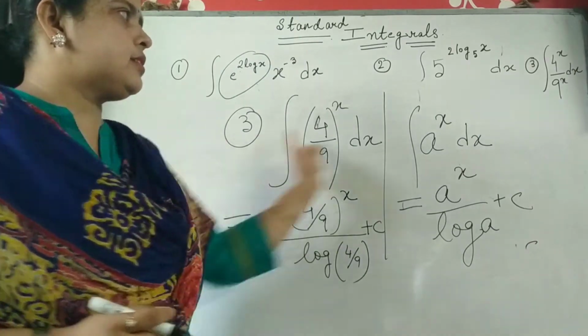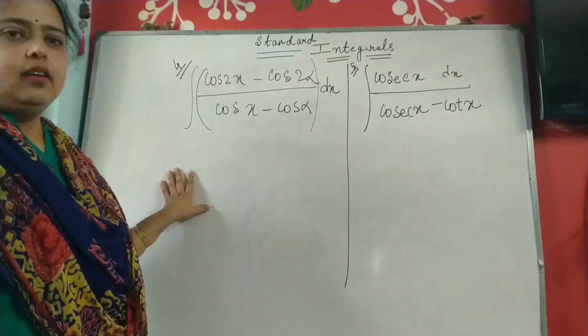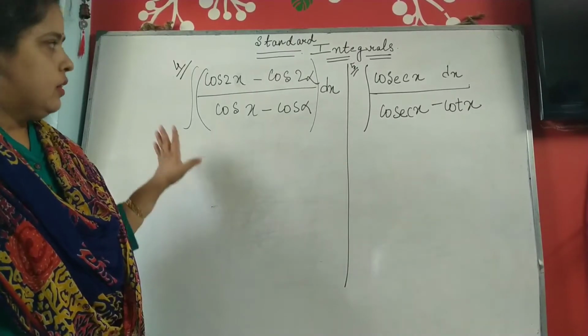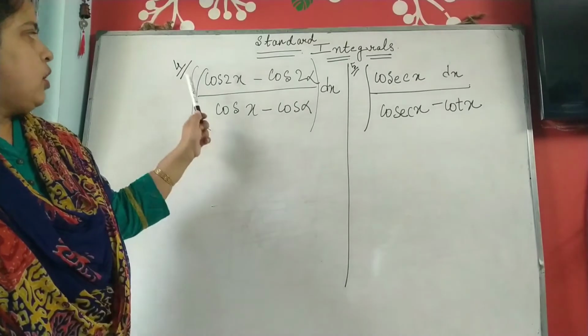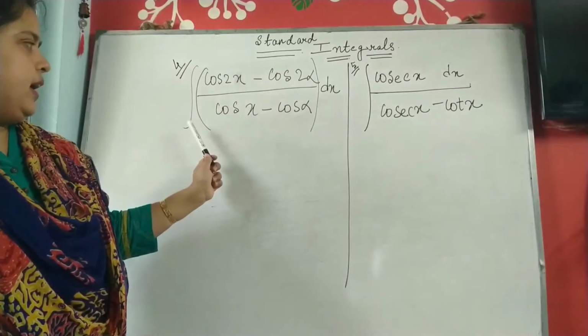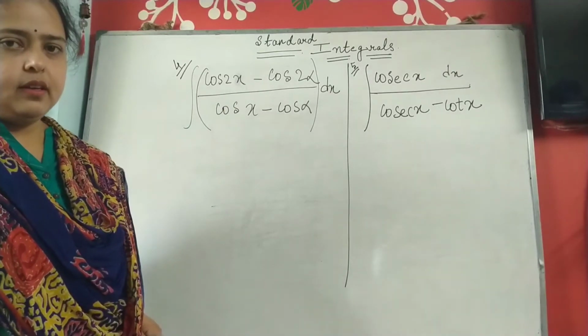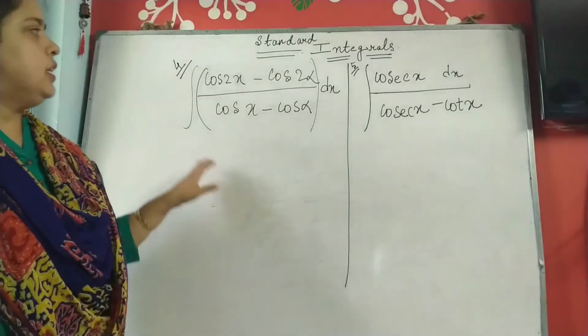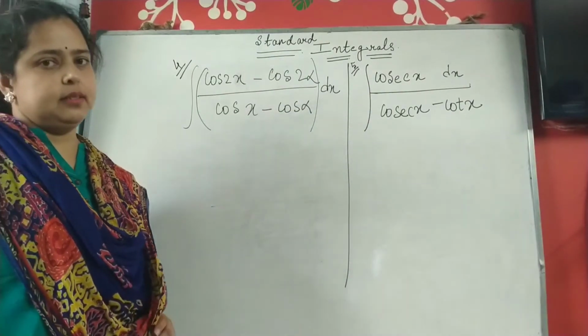So after this first 3, let us move to the second lot of problems. Now let's see question number 4. What is it? Cos 2x minus cos 2 alpha by cos x minus cos alpha. Now, this type of problem will carry maximum 2 marks.